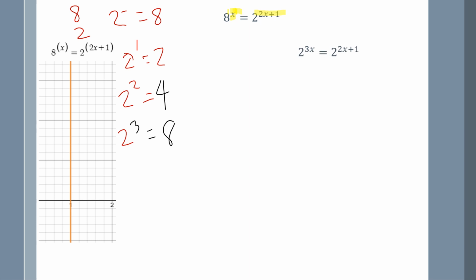So because we found out that 2 cubed gives me 8, now just rewrite your bases so that they have the same base. Rewrite and make those bases the same. Guess what? That's it. Now, since the bases are the same, let's get rid of them and solve the equation.